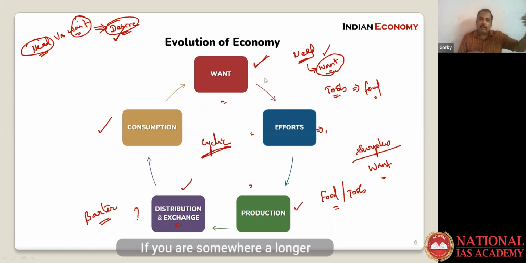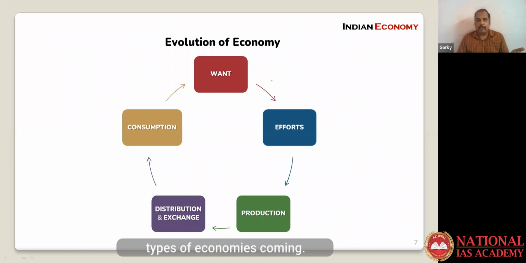If you are at a longer distance, I need some means of transport. So for these aspects, the allied aspects slowly started developing, and that is how the economy started to evolve, and that's how we find different types of economies coming.